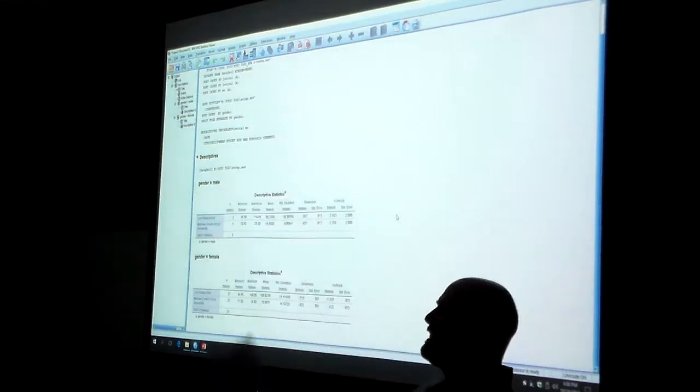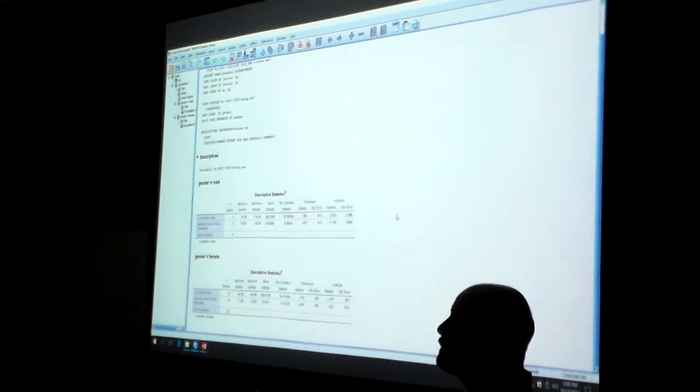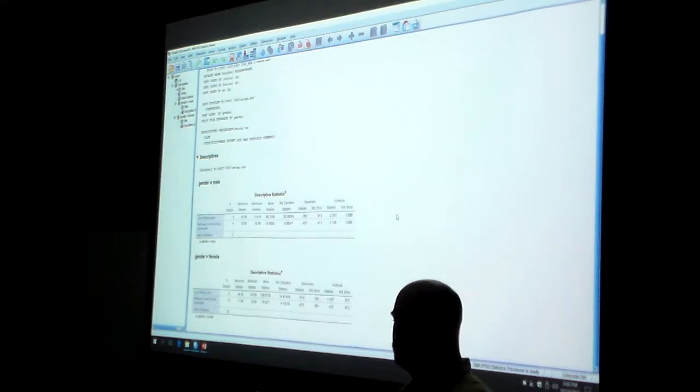Leptokurtic is very thin with thick tails. Negative kurtosis is platykurtic. It's boxy, like a platypus.